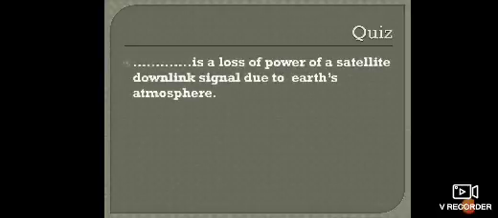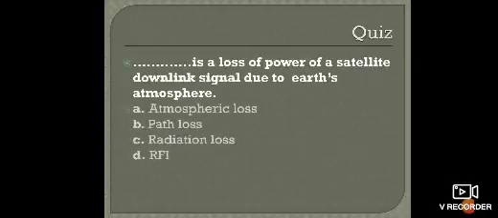So the options are atmospheric loss, path loss, radiation loss, RFI, radio frequency interference loss.